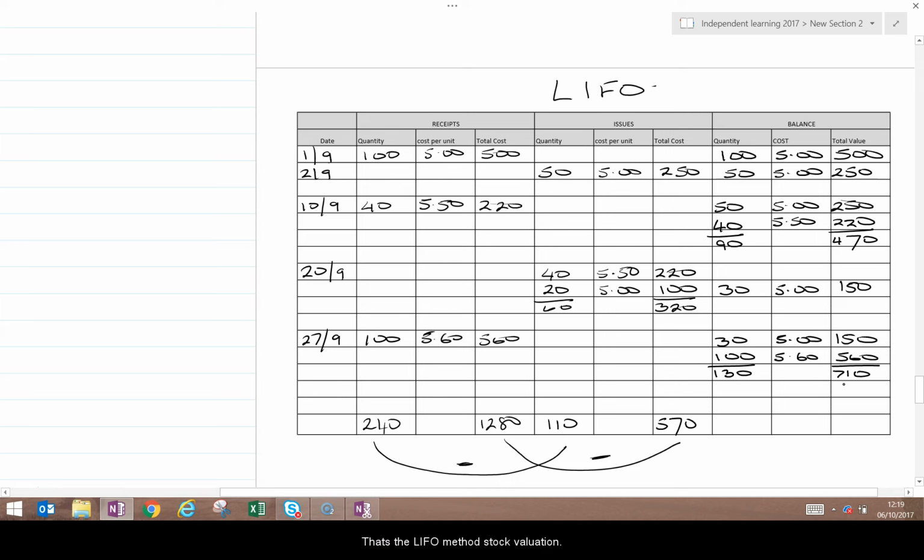And that's the Lifo method of stock valuation. So we have just one more to look at, which is the Avco, or the average cost.